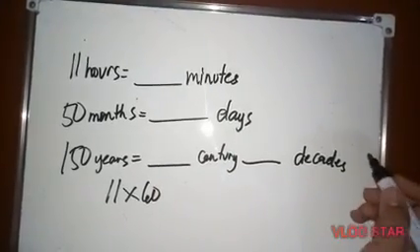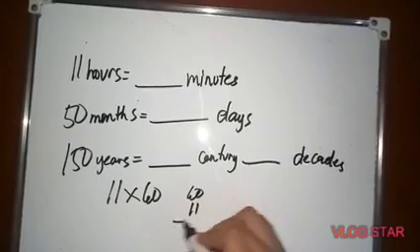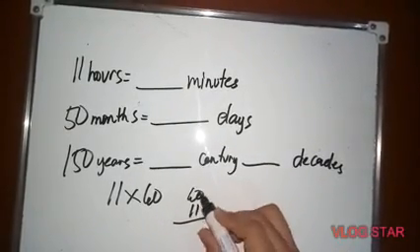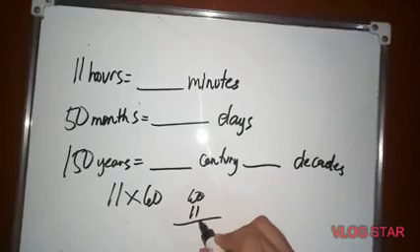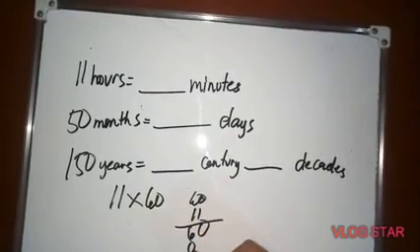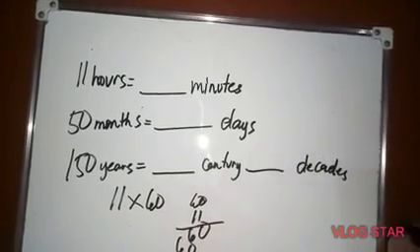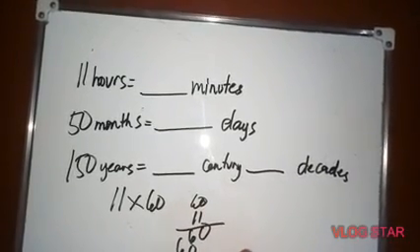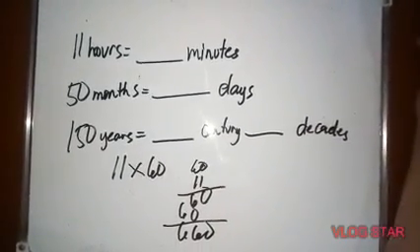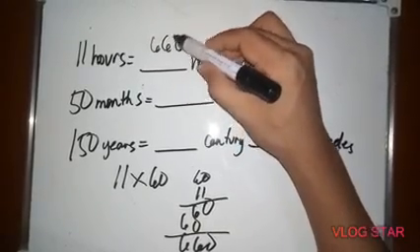So 11 times 60: 1 times 0 is 0, 6, 6. So there are 660 minutes in 11 hours.